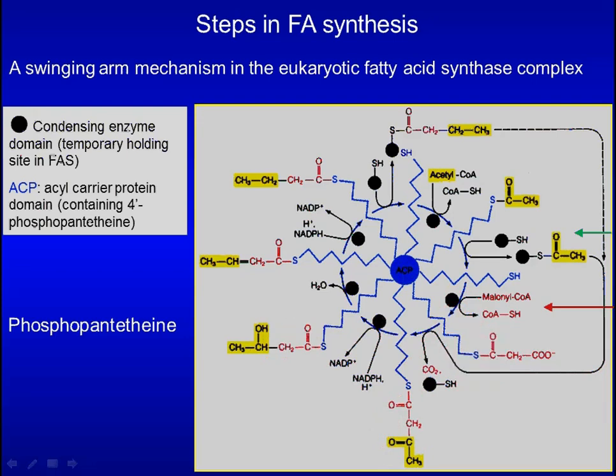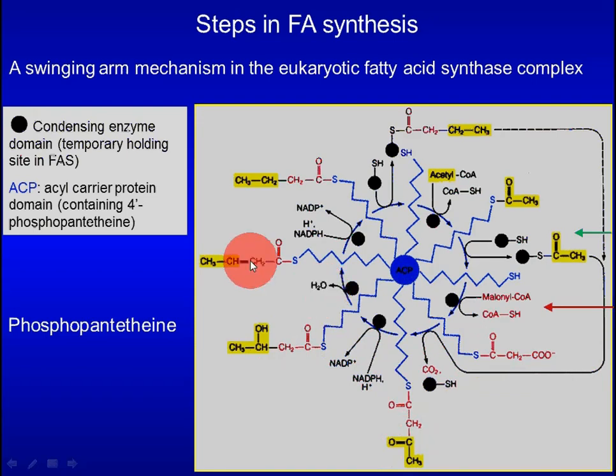The next 3 steps are to reduce the carbonyl group, following a classic mechanism in organic chemistry. First step is to reduce the carbonyl group to a hydroxyl group. Second step is to eliminate a water molecule.